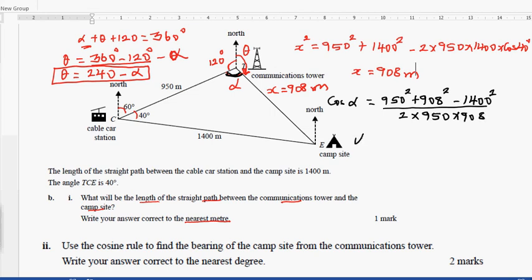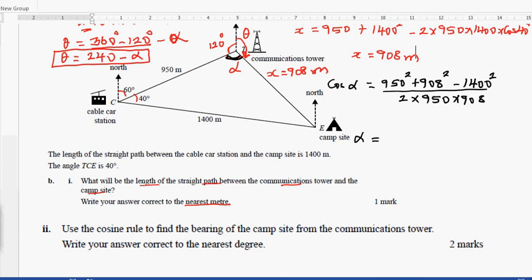So alpha is basically going to be cos inverse of the answer. So we can also do the whole thing like this. So we can say alpha is cos inverse of this whole thing. I'm going to put this in the bracket.